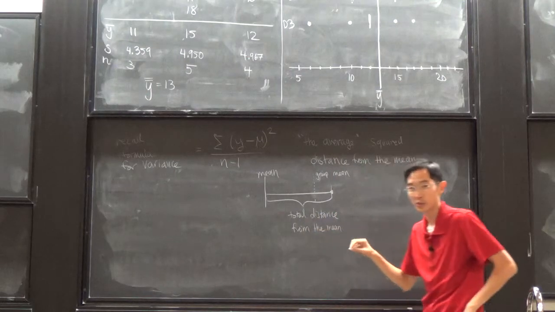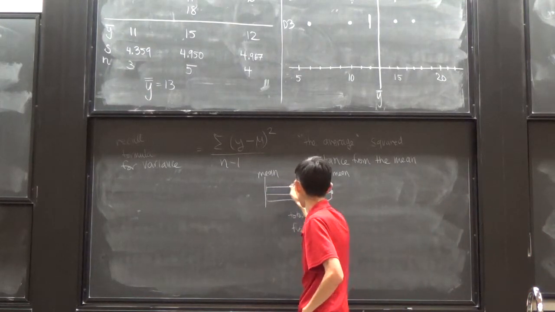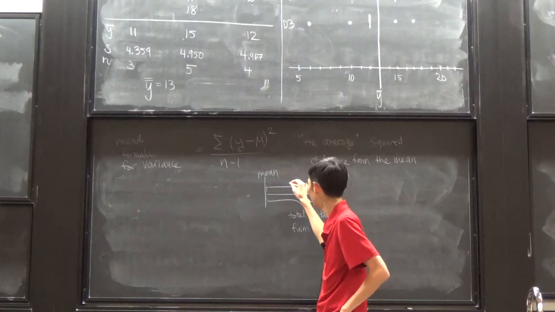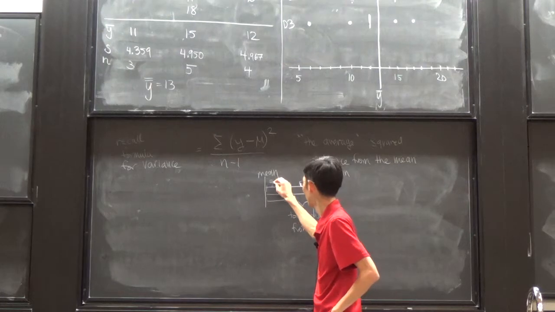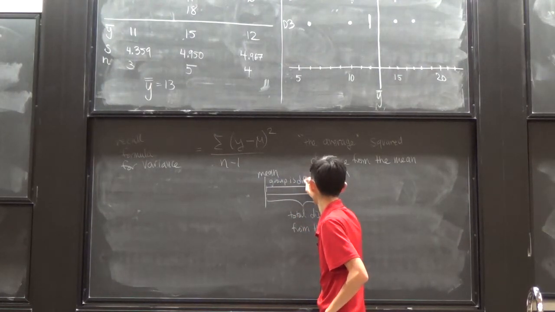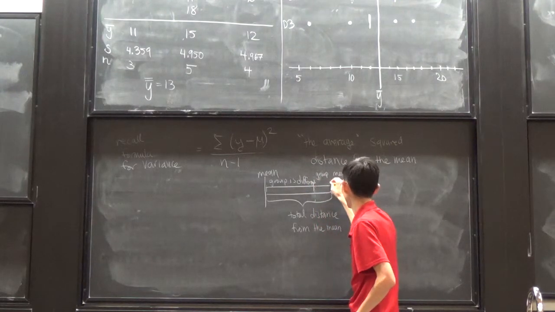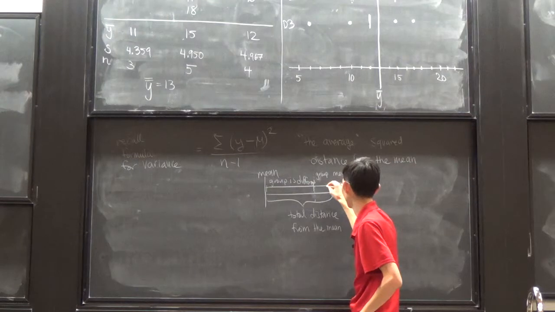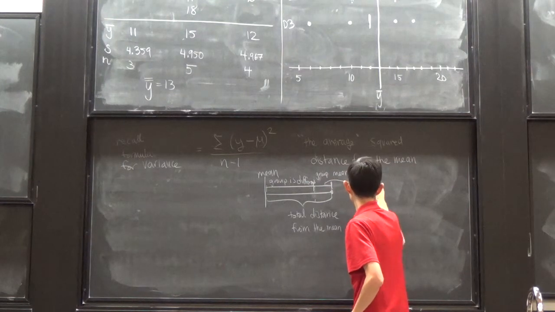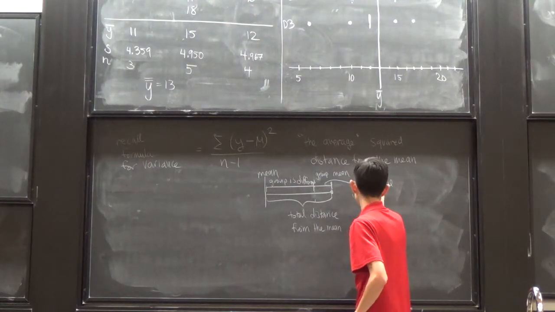We're going to break up this total distance from the mean into the fact that the group is different from the mean, and then this part is that the individual is different from the group.